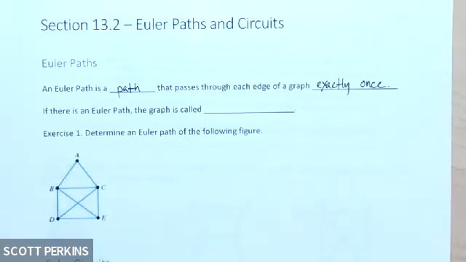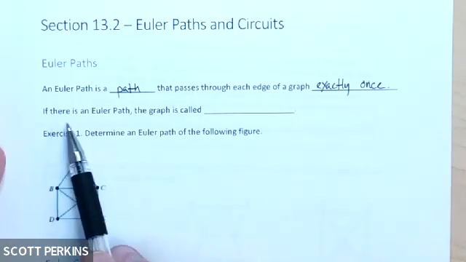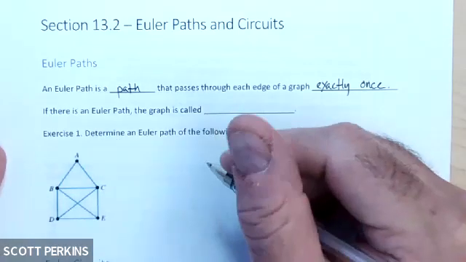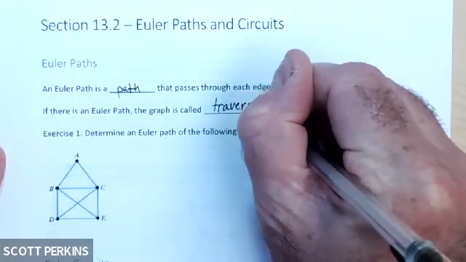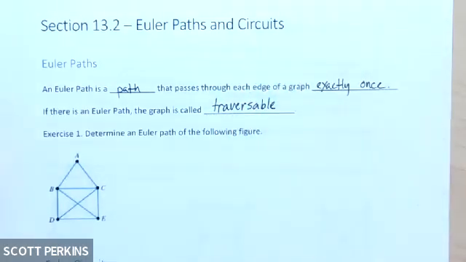Every edge gets passed over exactly once. And if a graph has an Euler path, it's called traversable. You can traverse the graph. So Euler paths, we're going over each edge exactly once. If I can do it, it's traversable.